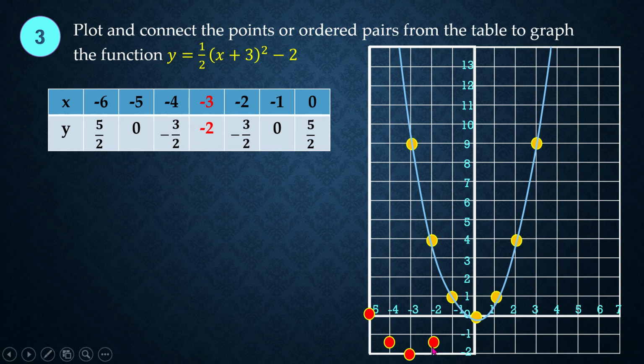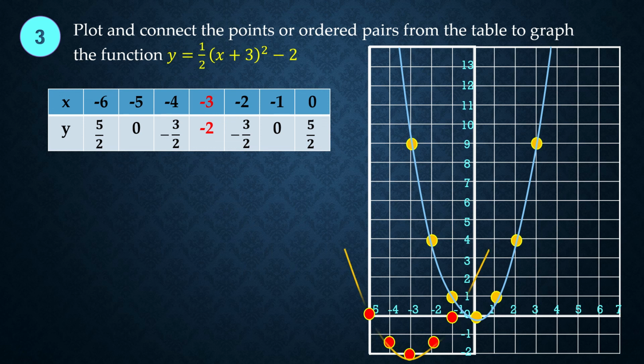Then, next is negative 1, 0. It lies on the x-axis, the negative x-axis. So there are actually two intercepts: negative 5, 0 and negative 1, 0 are the x-intercepts. But finding the x-intercept or y-intercept is not required, so that is okay.